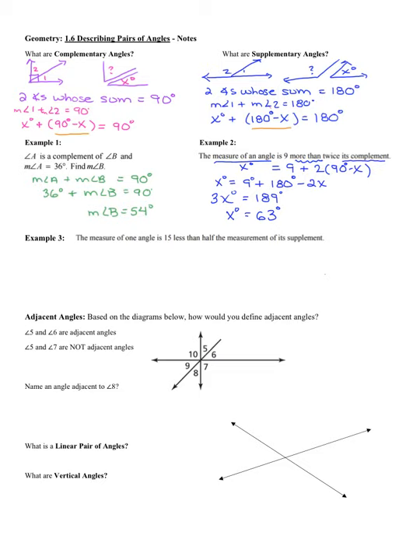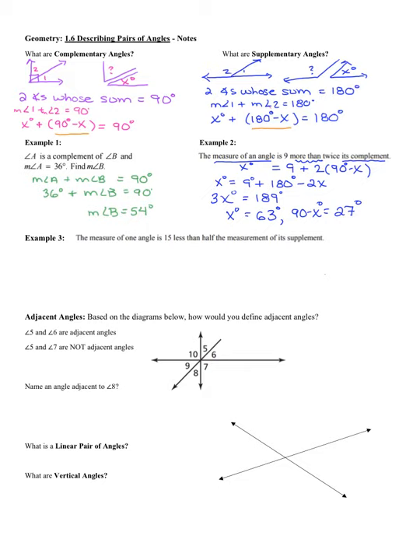So x would be 63. And if we had to find both angles, since this is complementary, you would have 90 minus your 63. The complement, which is your 90 minus x, is going to equal 27 degrees. All right, so that's why you can see it's helpful to know how to write them sort of generically.